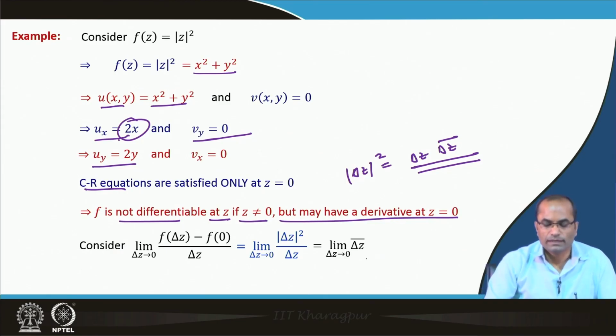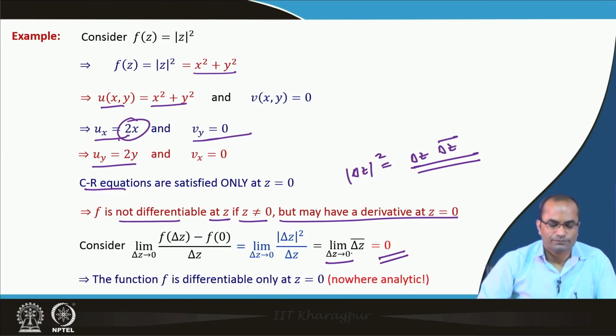So, then delta z will get cancelled and we have delta z conjugate, and in the limit as delta z goes to 0, this conjugate will also go to 0. So, we again have the derivative at z equal to 0 in this problem, but since the function is differentiable only at one point, and for analyticity we need a neighborhood where the function has to be differentiable, we can again say that the function is nowhere analytic, but it is differentiable at z equal to 0.